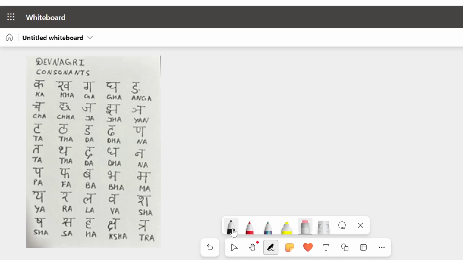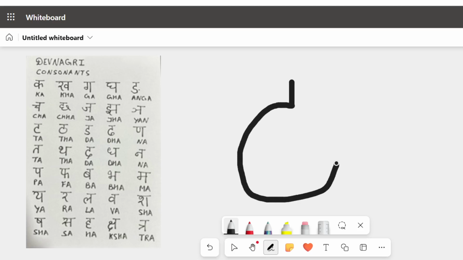The next letter that we see there is Tha. To write this one, start with a small line. Connected to this small line is a whole circle like this. And then the line on the top. This letter is Tha. This is a retroflex aspirated T sound.